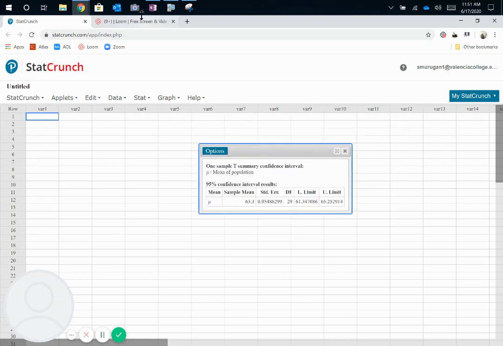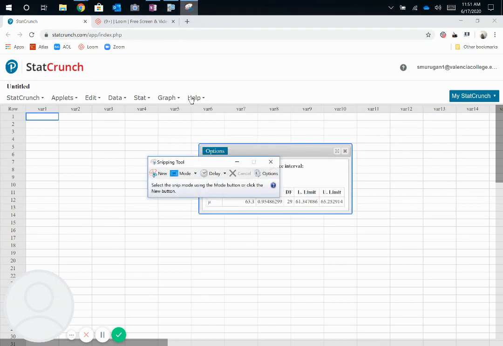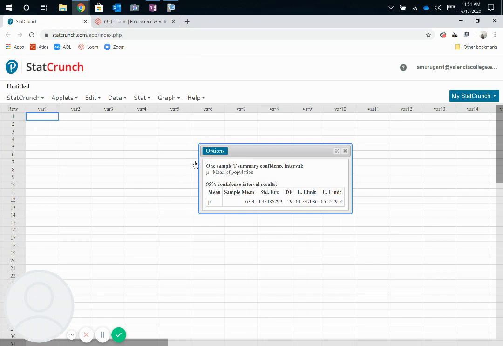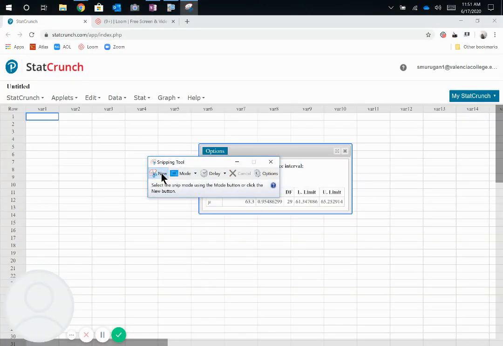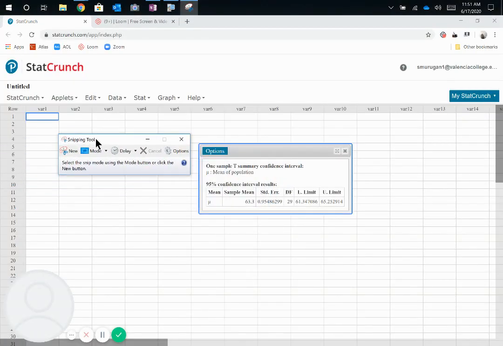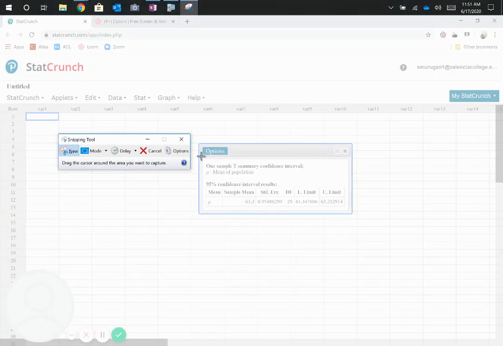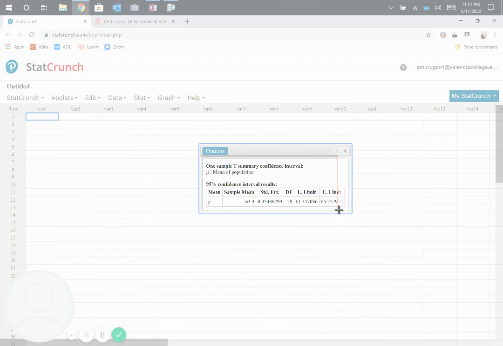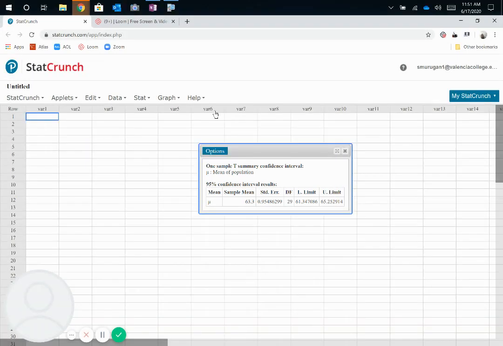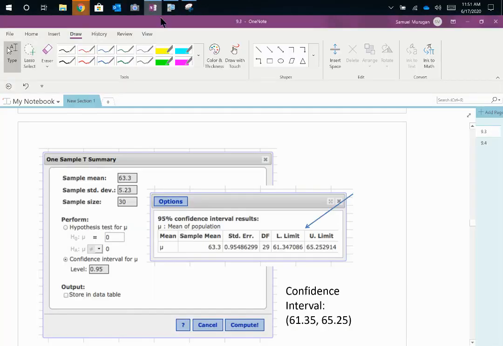And what we have here is the printout. I need to snip this and bring it over. It's already there, but I just wanted you to see that we also did it on our own. Okay, this is the calculator printout.